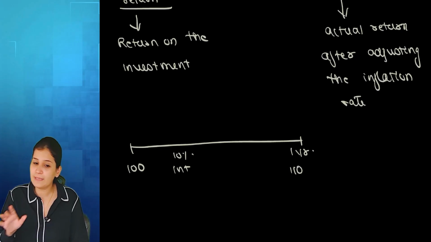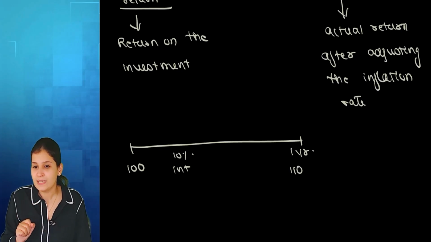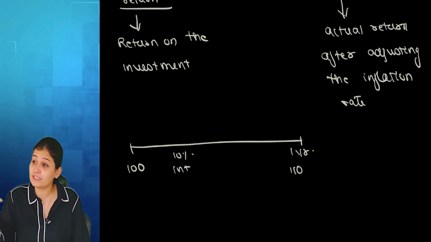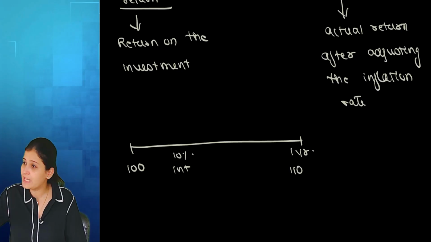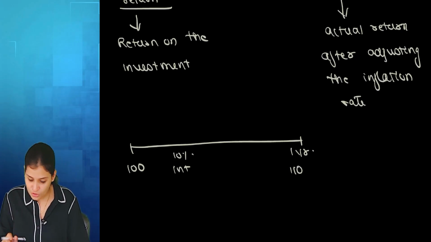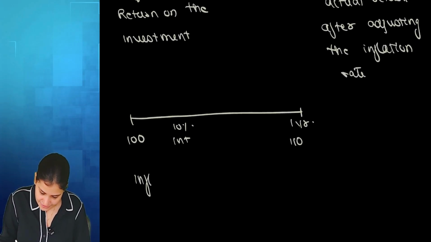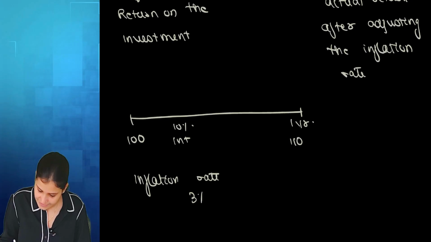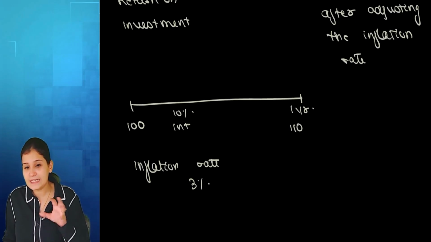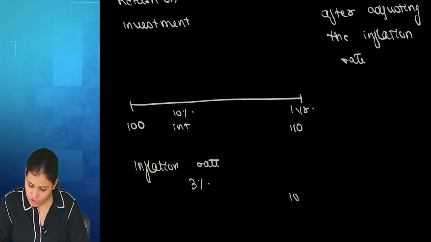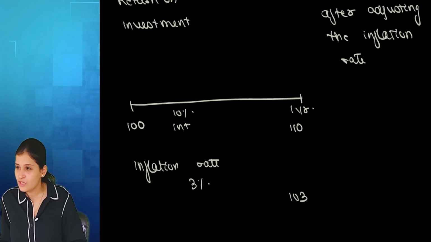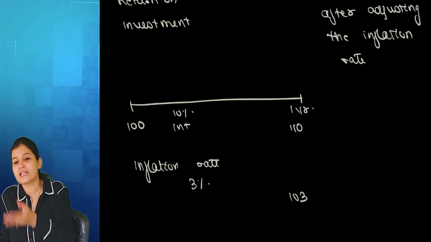Anything I can buy for 100 rupees, I can't buy the same thing after 1 year for 100 rupees, because of inflation the price will rise. If the inflation rate is 3%, anything which is today 100 rupees will cost me 103 rupees after 1 year.